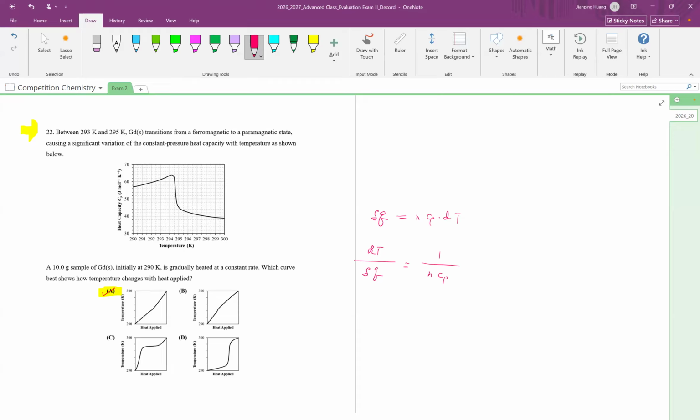Now, from the temperature T with heat, see the relationship of T with heat Q, the slope, in the exam all the time, the slope equals what? Equals 1 over nCp.